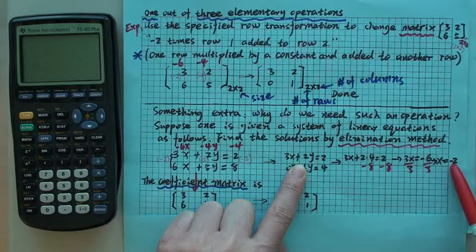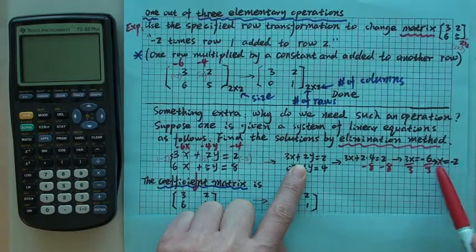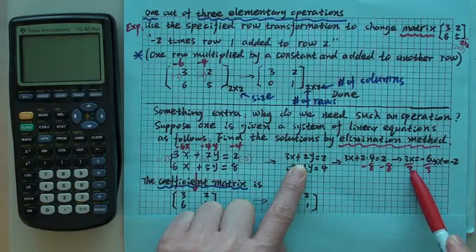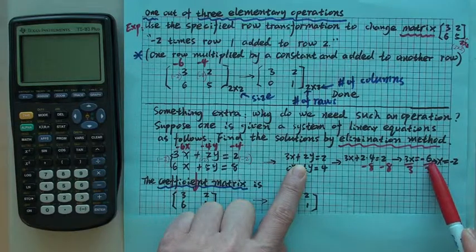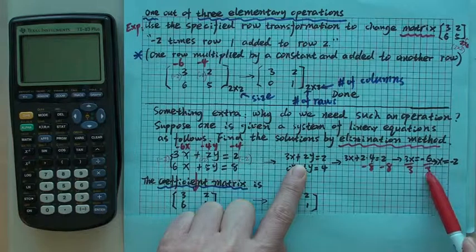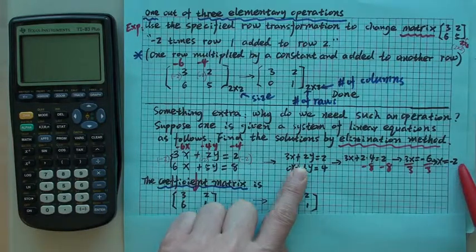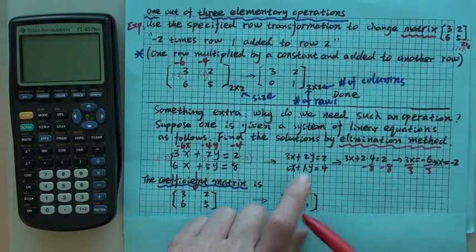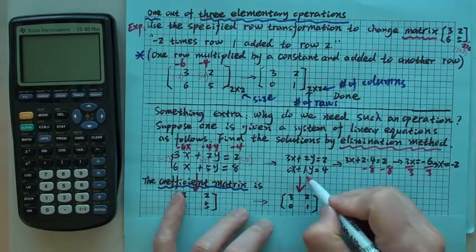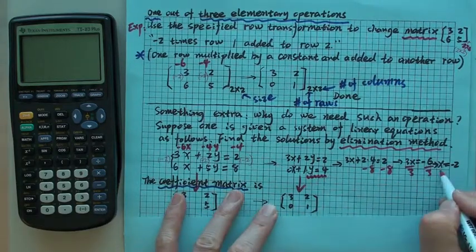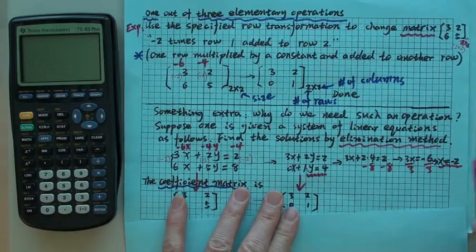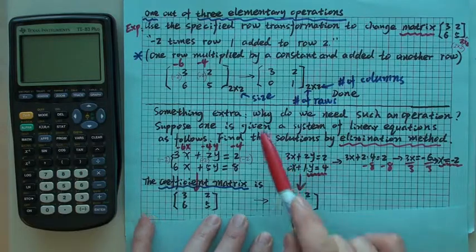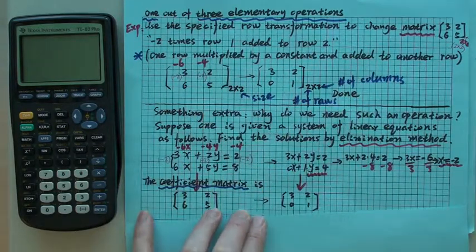So x comes out: 3 divided by 3 is 1 times x, x stands alone on the left, and negative 6 divided by 3 is negative 2. So x equals negative 2, and y equals positive 4. So basically that's the reason why we need this operation.